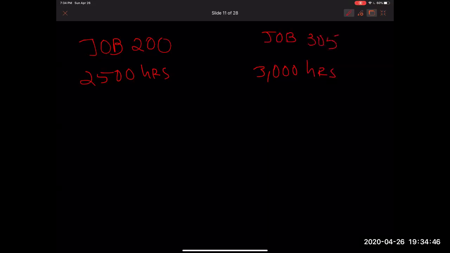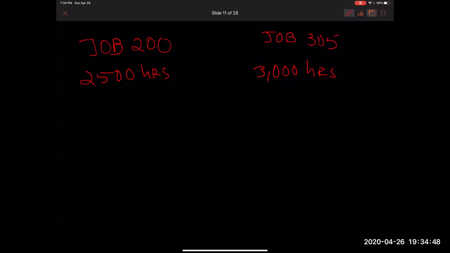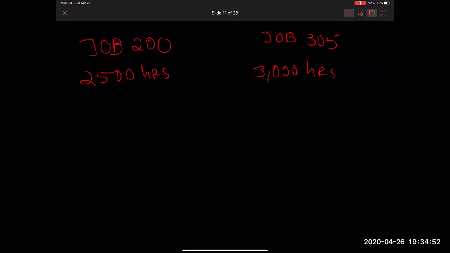The only thing we're missing right now is the rate. The total direct labor was incurred at a rate of $28 per direct labor hour for job number 200, so we're going to multiply this times the direct labor rate, again $28 per hour. And for job number 305, the problem tells us that the rate is $24.